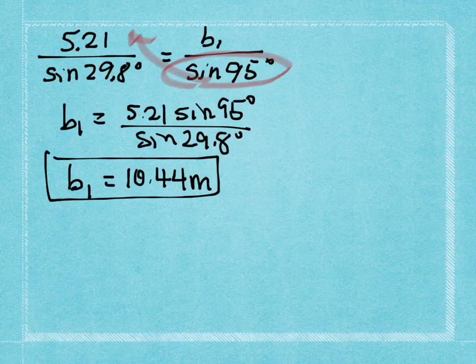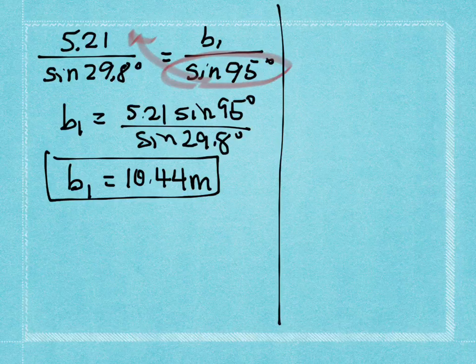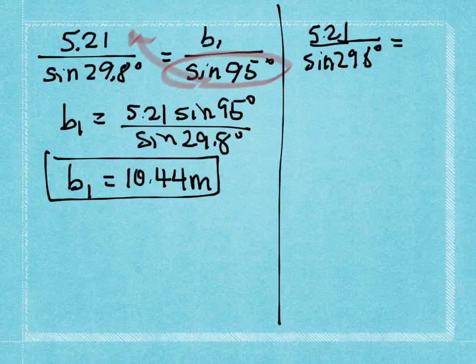I can set up the other problem almost exactly the same, right? It's the 5.21, it's the sine 29.8. All that's the same because side C and angle C were both given to me. But finding B2 means using angle B2, which means I divide by sine of 25.4 degrees. Again, I multiply to the other side.